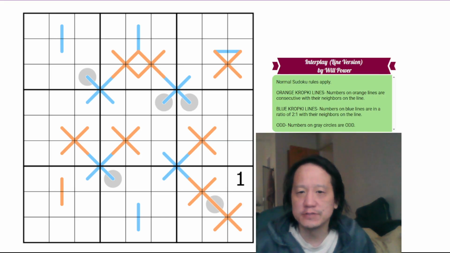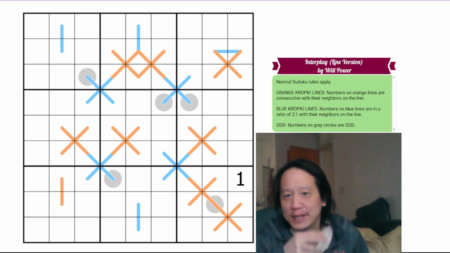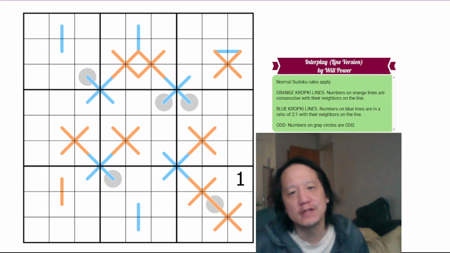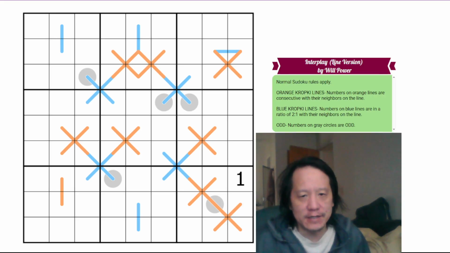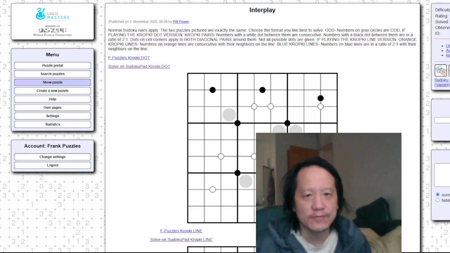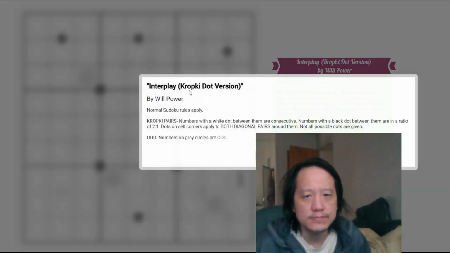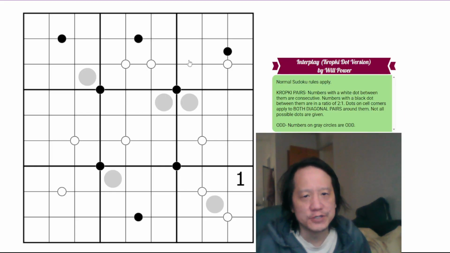Today's very easy puzzle is called Interplay by Will Power, and I'm doing the line version of it because I feel like it makes it clearer what they are. I guess I could also show you the dot version, which is the normal one. This is the dot version of it.